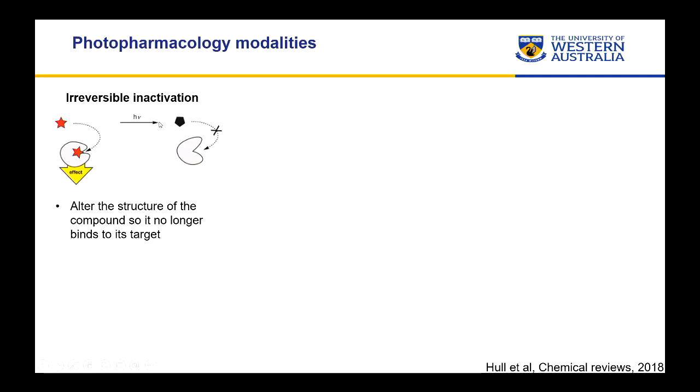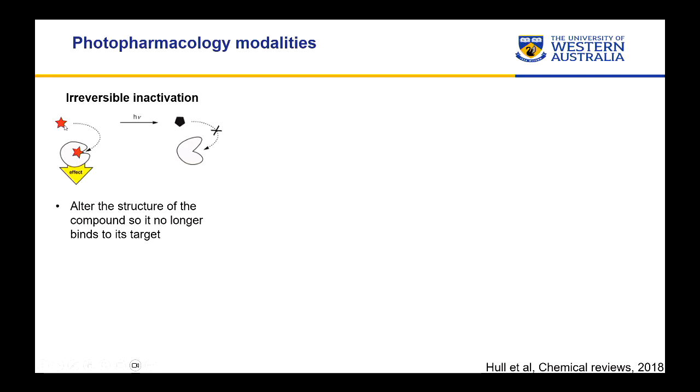So for example, let's say we have a receptor, it's got its ligand or agonist in the system. It would normally bind to the receptor to have its effect, right? Now, let's say you wanted to turn that effect off or stop that effect from happening to begin with. You can apply light to the system, and this photosensitive or light-sensitive agonist or ligand then changes its structure.